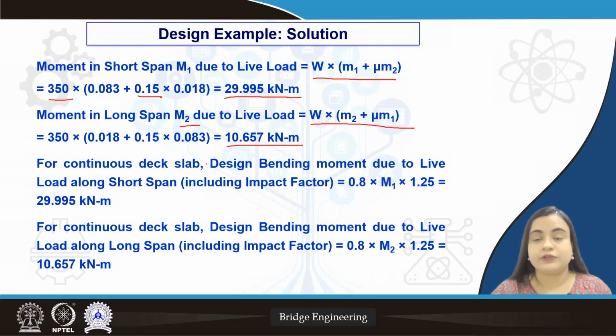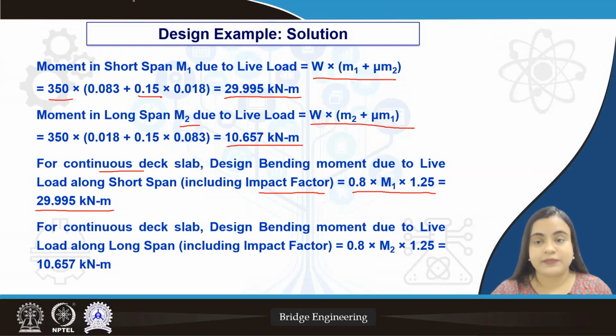Along with that, we are required to include impact factor with the live load. So the design bending moment due to the live load along the short span, including the continuity effect and impact factor, will be 0.8 times M1 times 1.25. So that is equal to 29.995 kilonewton meter.